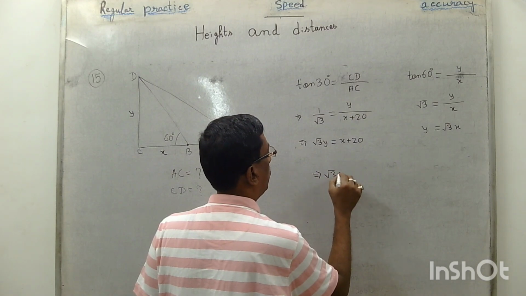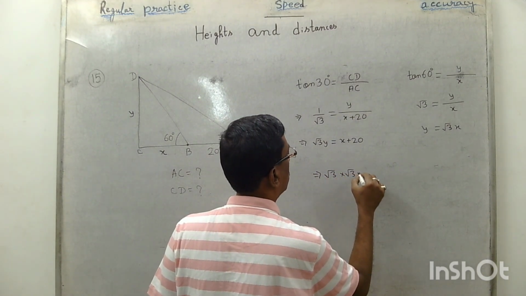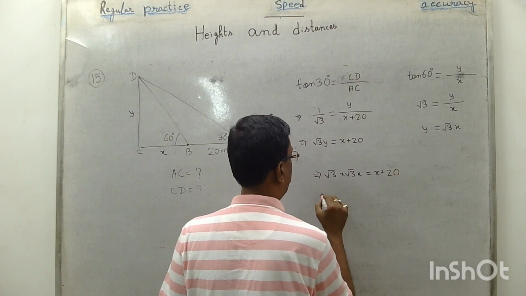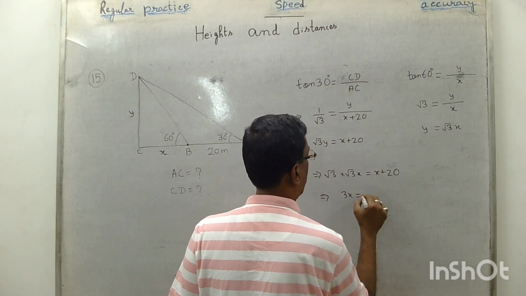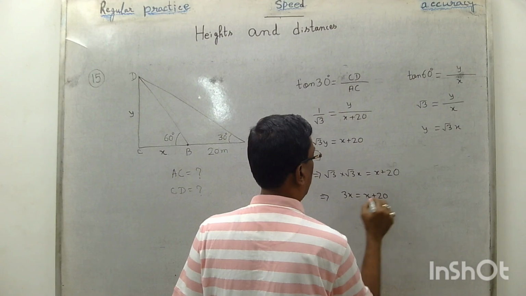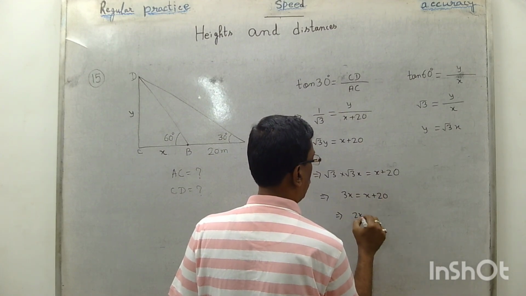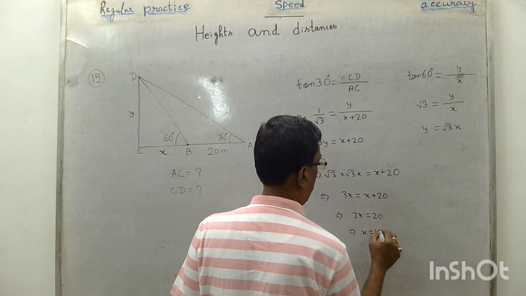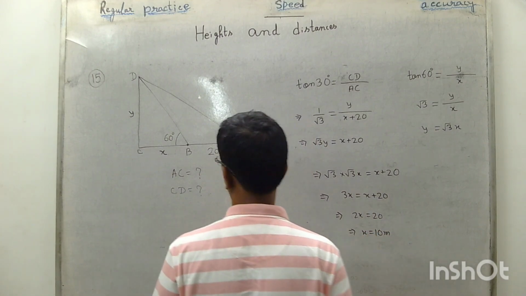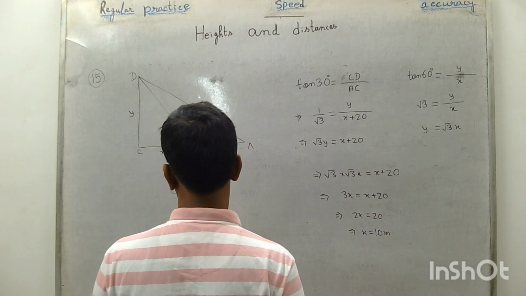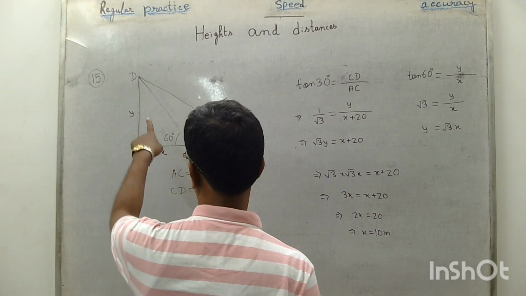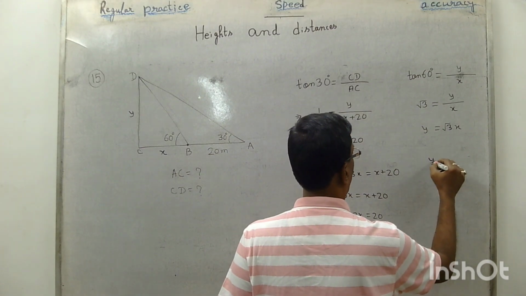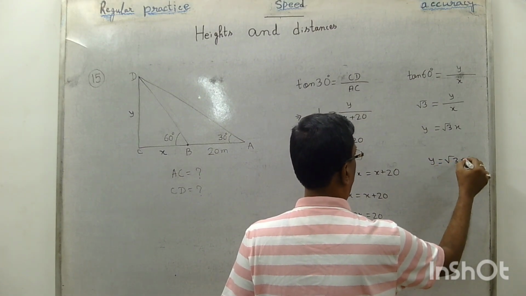Root 3 into root 3x equals to x plus 20. 3x equals to x plus 20. 2x equals to 20. X equals to 10 meter. And y equals to how much? Y equals to root 3 into 10.